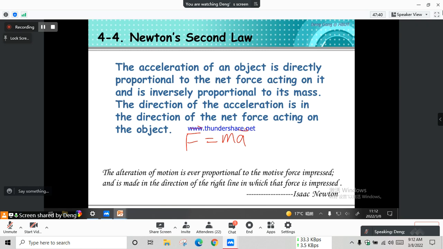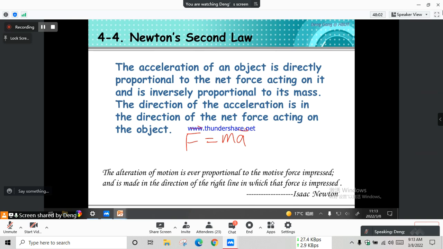The original description by Newton is something like this: The alteration of motion is ever proportional to the motive force impressed and is made in the direction of the right line in which that force is impressed.